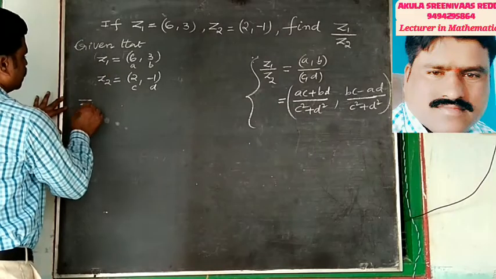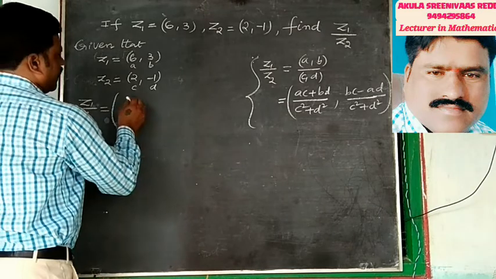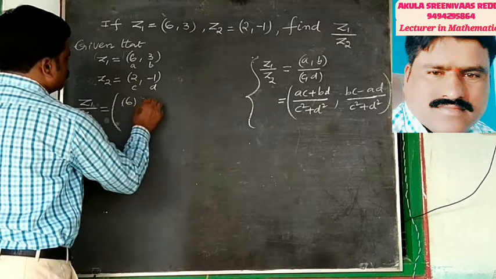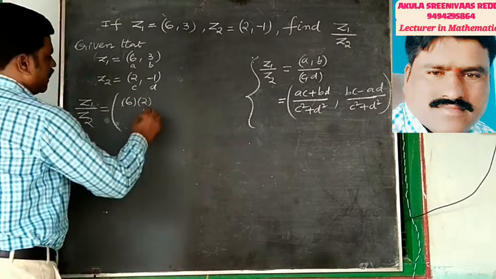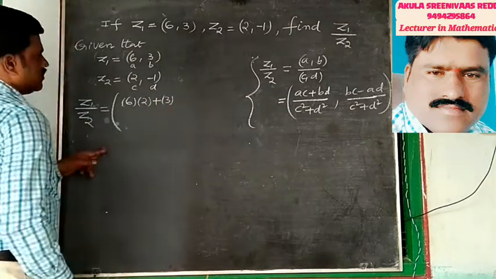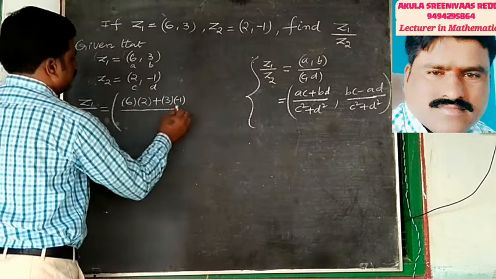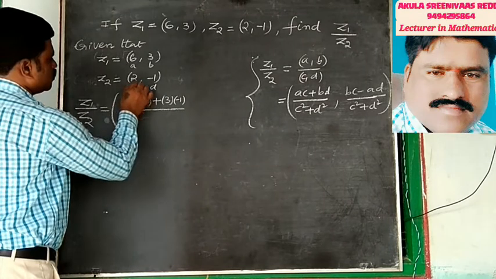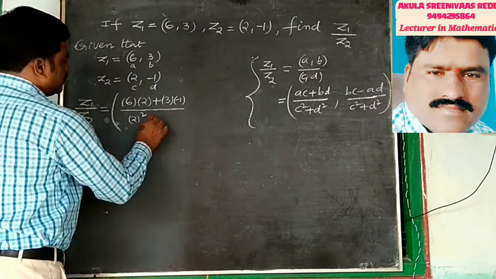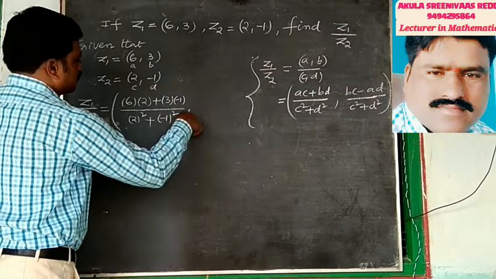z1 by z2 is equal to a value is 6, c value is 2, plus b value is 3 and d value is -1, by c square means 2 square plus d value is -1 whole square.